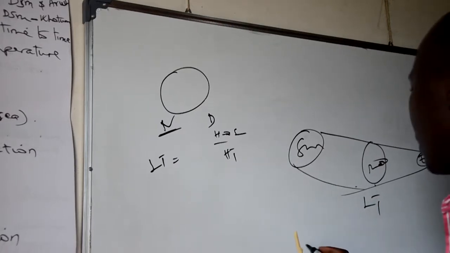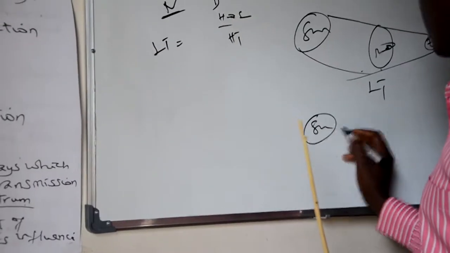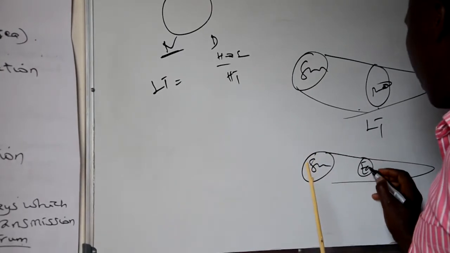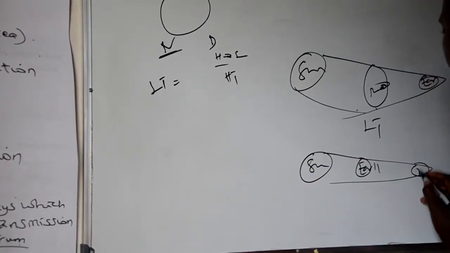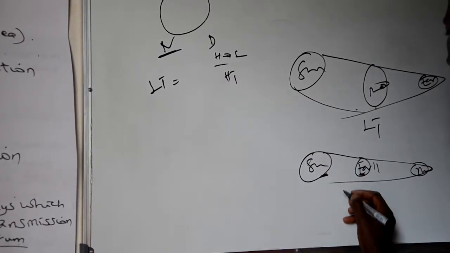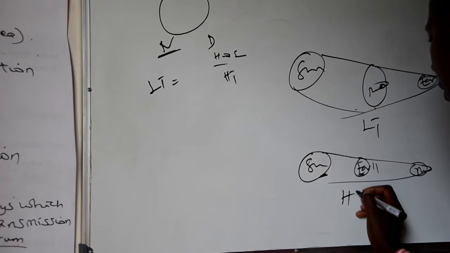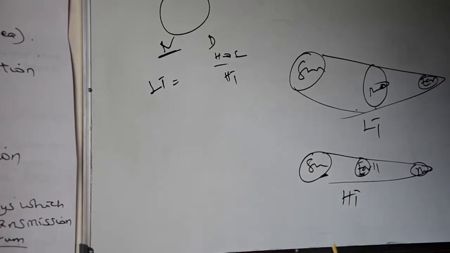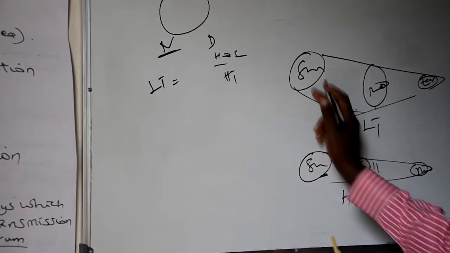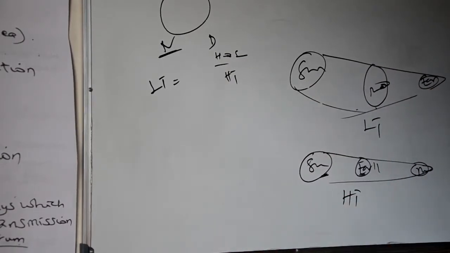But perihelion is the position of the earth which is closer or nearby the sun. Whenever the earth is nearby the sun, it will experience more temperature, higher than the area which is far away from the sun.